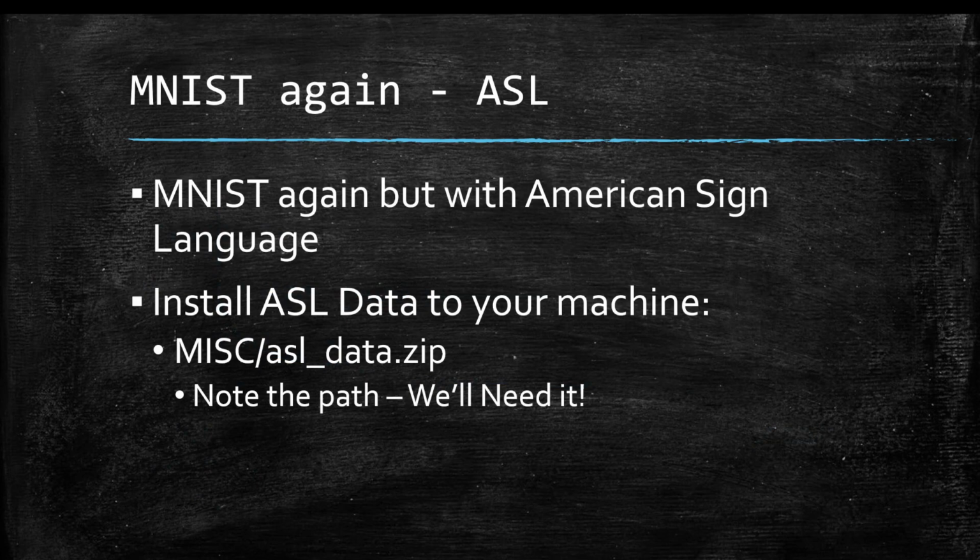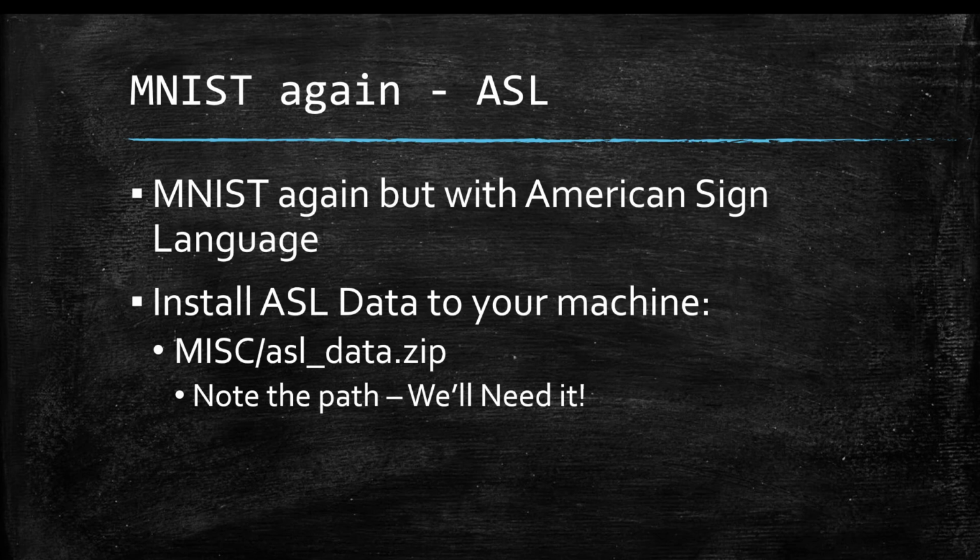All right. So what we're going to do is create the MNIST again, but instead of the numbers that we used before, we're going to use American Sign Language. That is, we're going to use little pictures with people moving their hands. We're going to have to download the ASL data onto our machines.